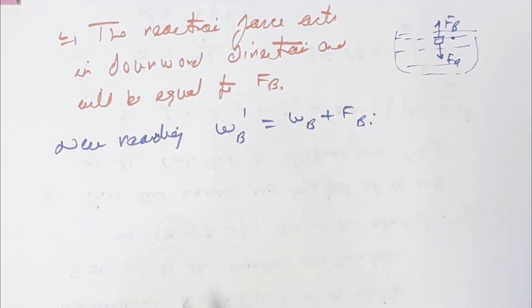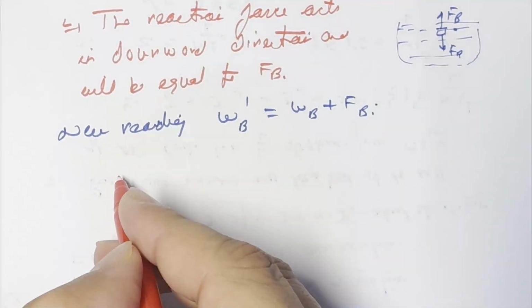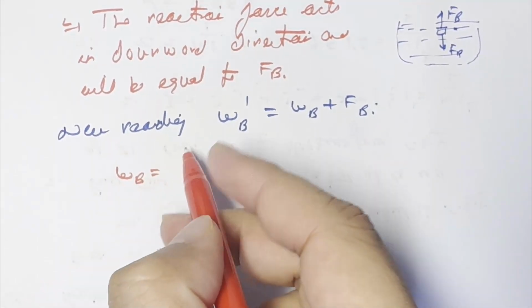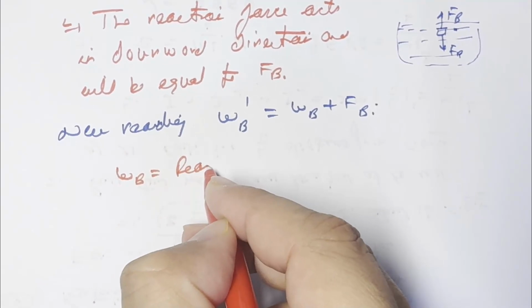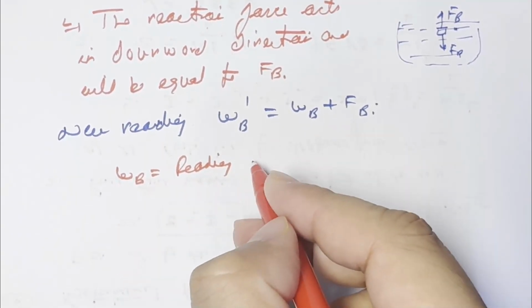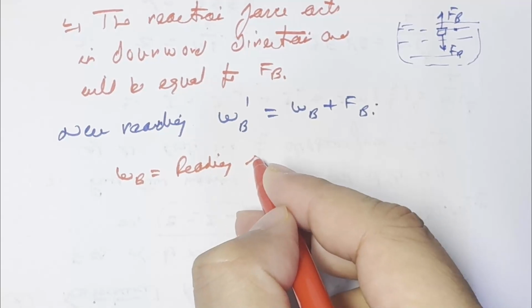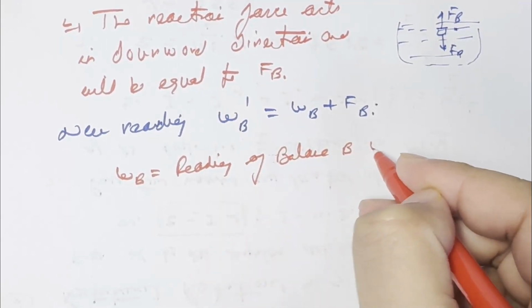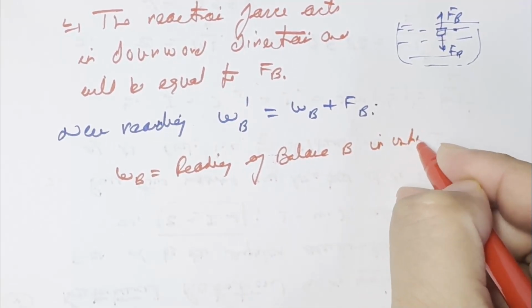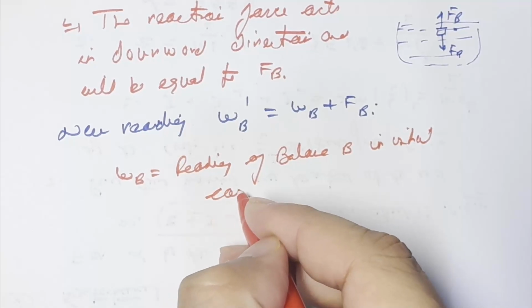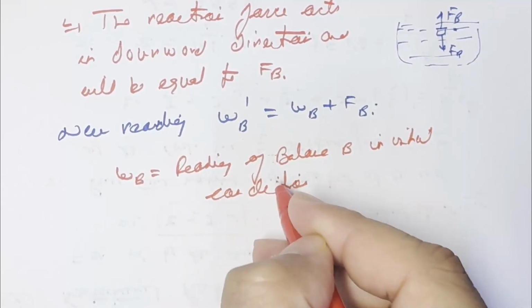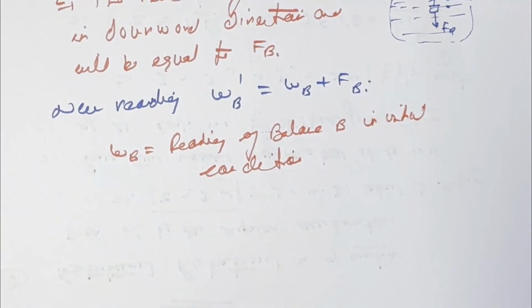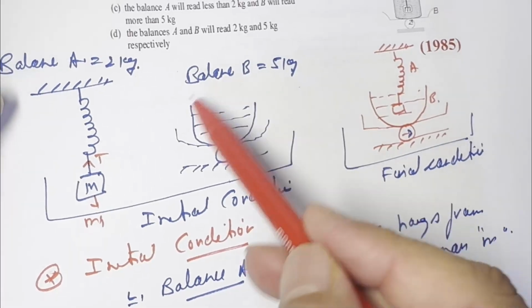And from here, let me say that Wb is our reading of balance B in the initial condition.